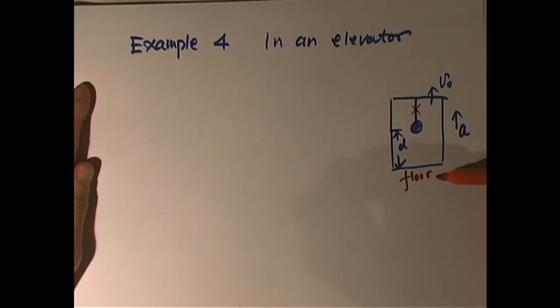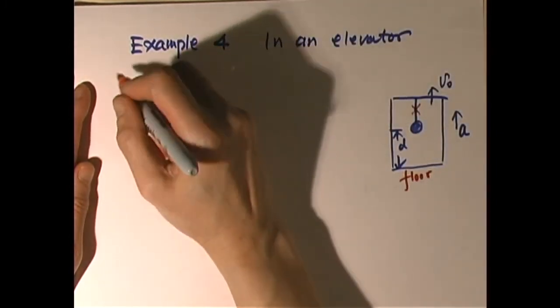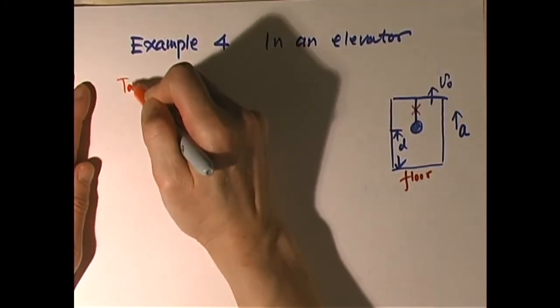So the floor accelerates up, the ball accelerates down. This relative motion will let the ball hit the floor much sooner than without the floor's acceleration. So we can take the floor as reference.